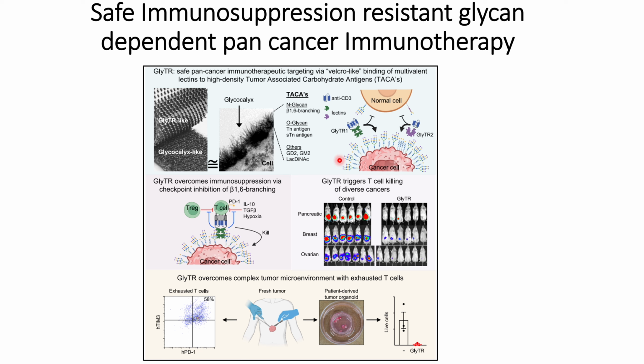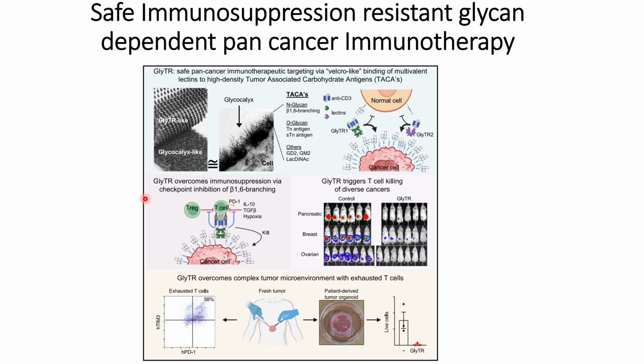Their approach is that their T receptors, or the CAR T receptors that contain GlyTR1 or GlyTR2, will attack the cells which have high density expression of TACA, not the cells which have low density expression of TACA. This is how they design their glycan dependent T cell receptors.